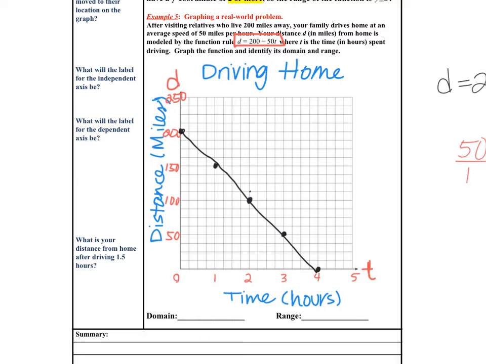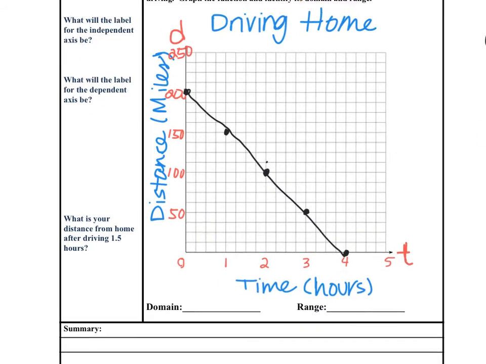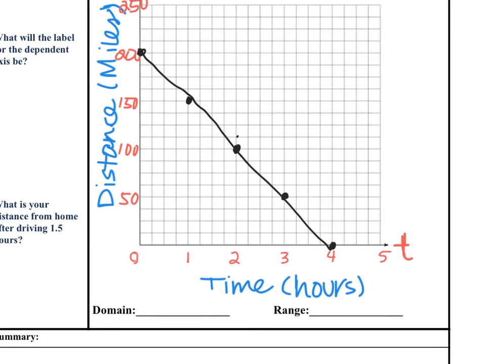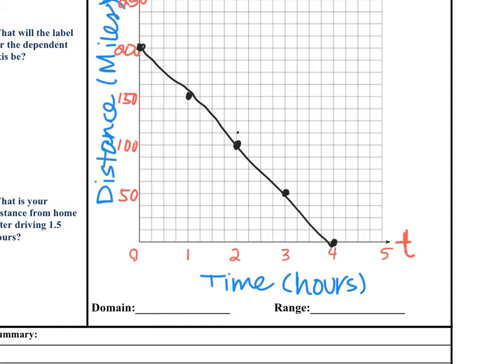Okay. Lillian, what am I going to label for my domain? From left to right. Where does it start? We're looking on the x-axis. That's where it ends. Where does it start? 0.